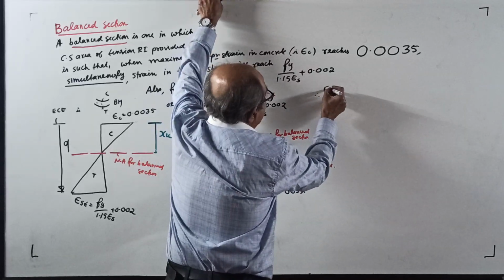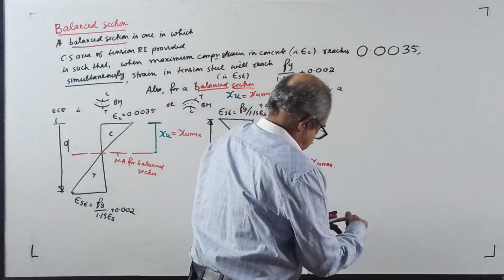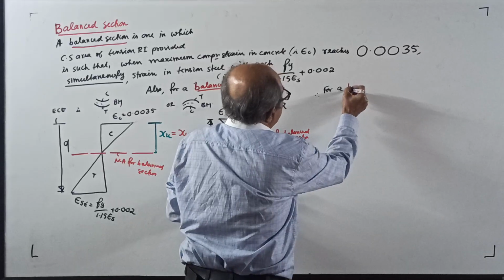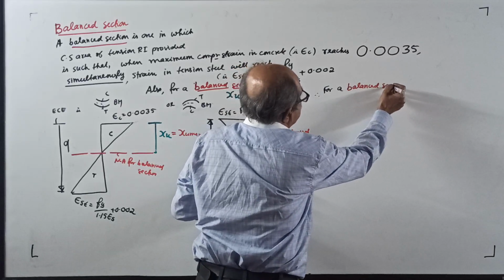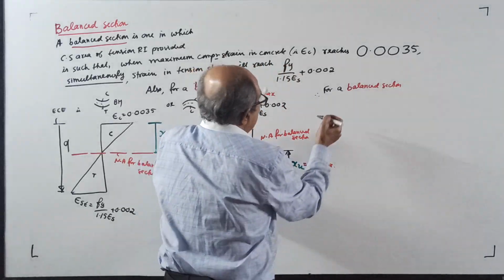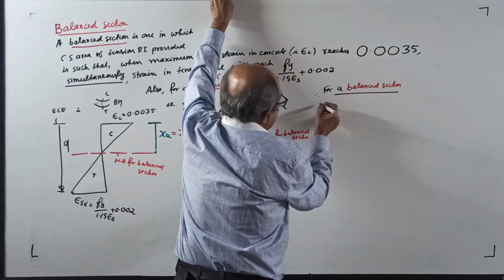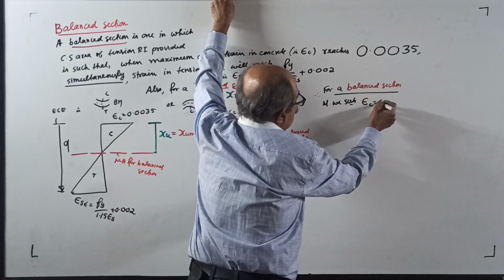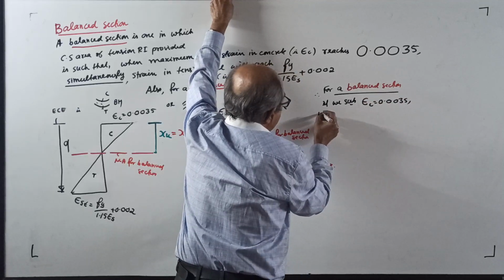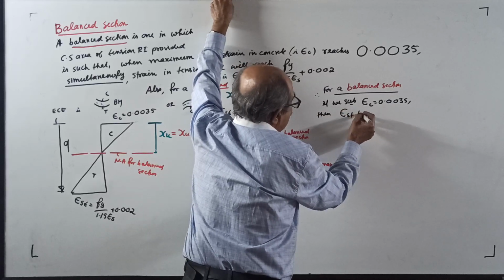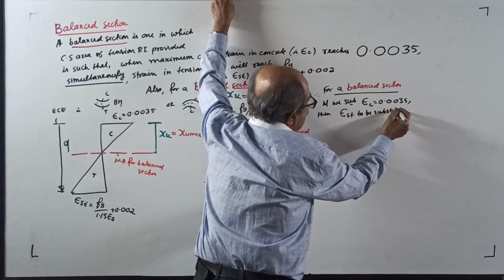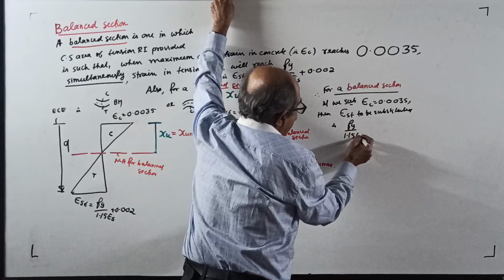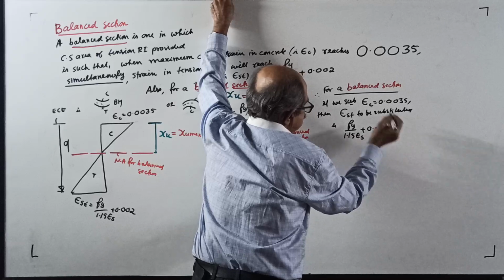Therefore, for a balanced section, if we substitute epsilon c equal to 0.0035, then epsilon st to be substituted is fy by 1.15 Es plus 0.002.